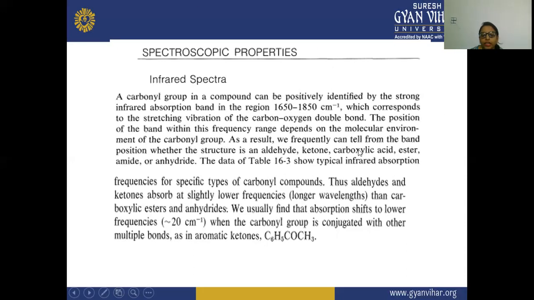By seeing this infrared absorption band, we can easily say that this structure is an aldehyde, this is a ketone, this is a carboxylic acid, this is an ester, this is an amide, and this is an anhydride. The aldehydes and ketones absorb at slightly lower frequency, meaning a longer wavelength, than carboxylic esters and anhydrides.